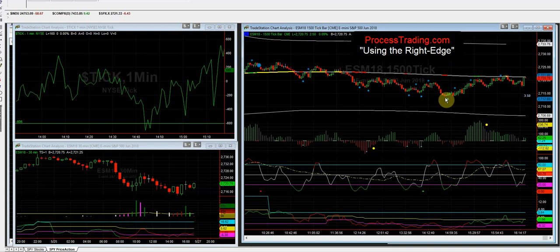So this is where we're going to take a low-risk trade because the broader market has reached the lower bound, the oversold bound of the oscillator.